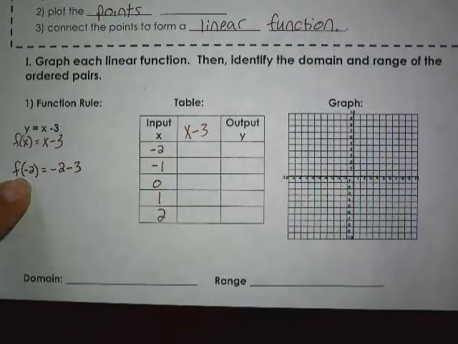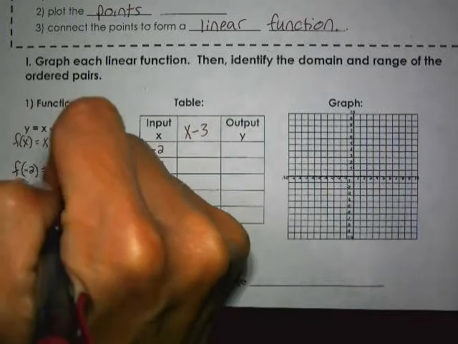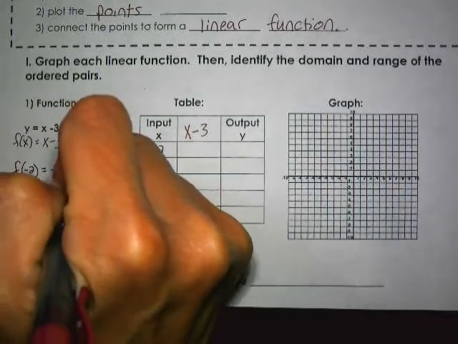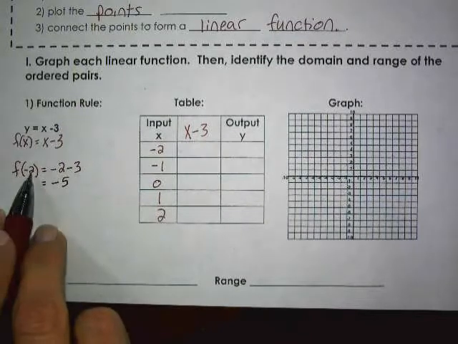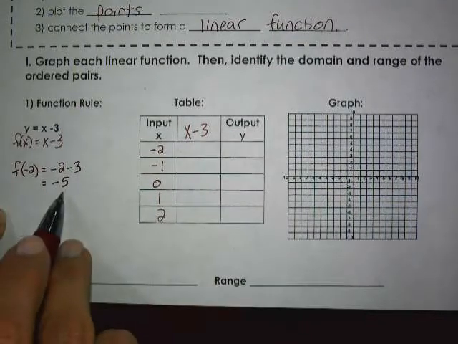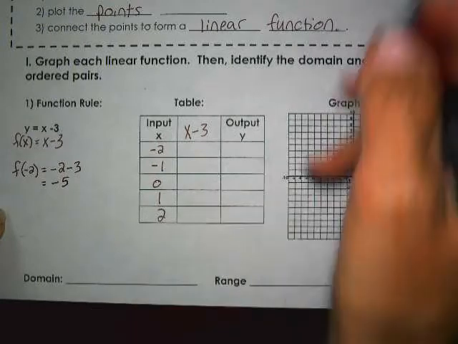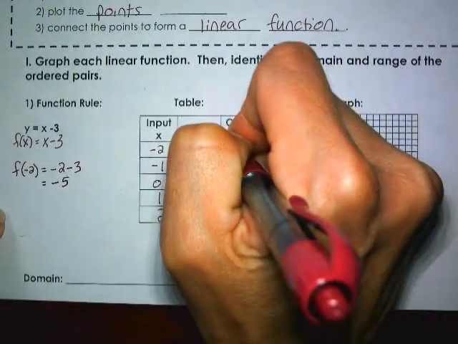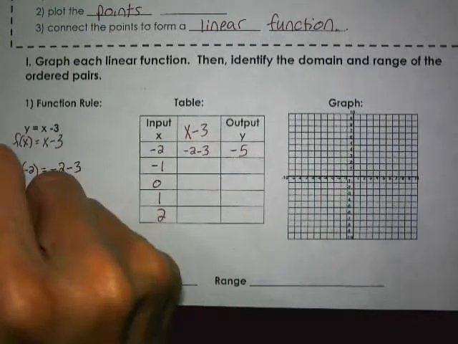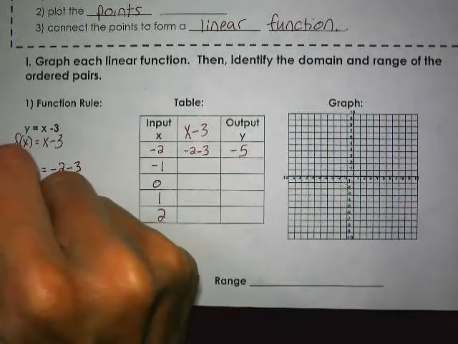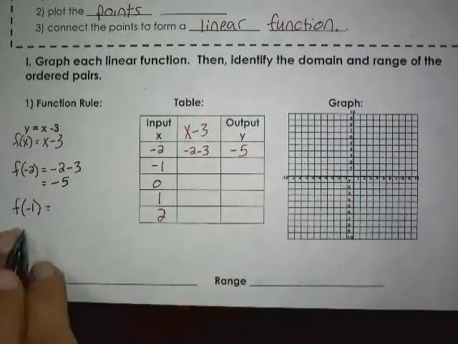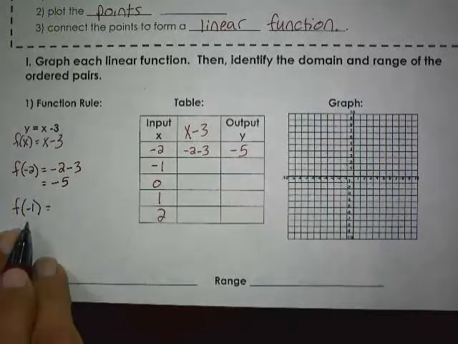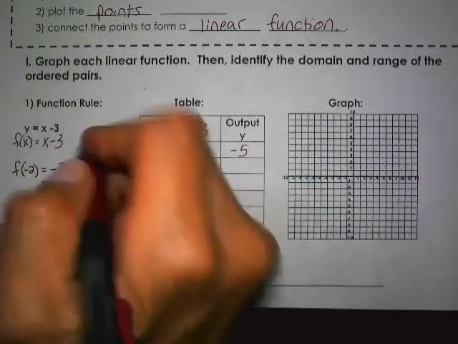And then I evaluate the right-hand side. -2 minus 3 is -5. So f of -2 is -5. I'm going to show you another one, f of -1. What is the value of the function evaluated at -1? We take -1 and plug it in for x.